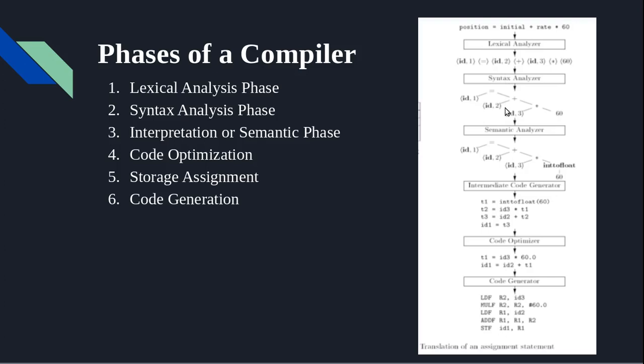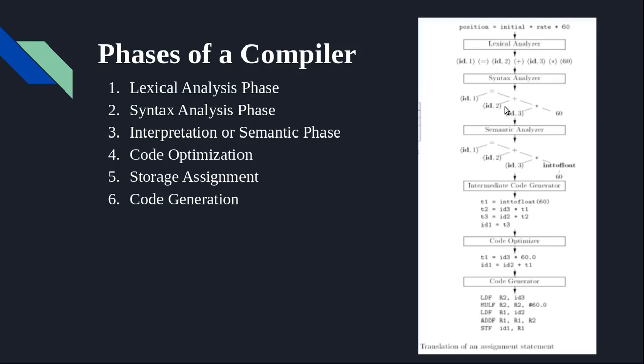If we are able to convert the token statement into a parse tree, then we can say that the token statement is in a correct order according to the syntax of the source program. If we are not able to create the parse tree successfully, it means the string of tokens is not in a proper order.